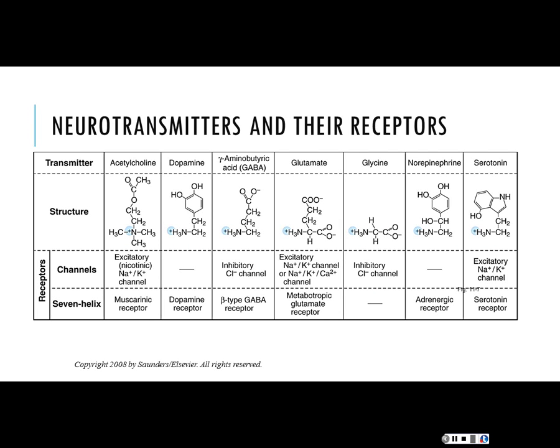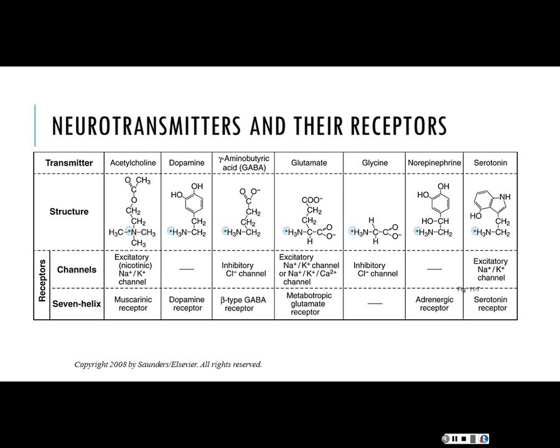But what I like about this image is it talks about the receptors. If you remember, we said our receptors may be simply gated channels, right? Or they may be what? Our receptors may be channels, or they may activate a second messenger, which is summarized here in the 7 helix.